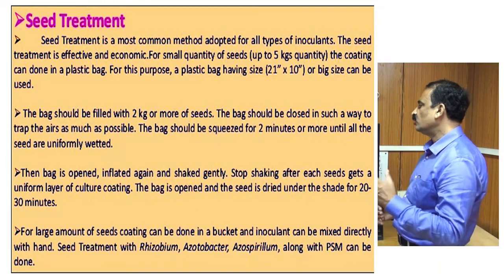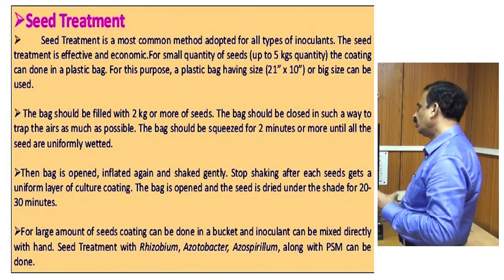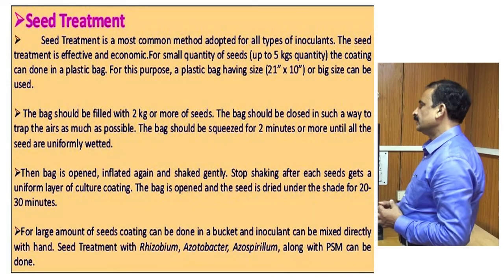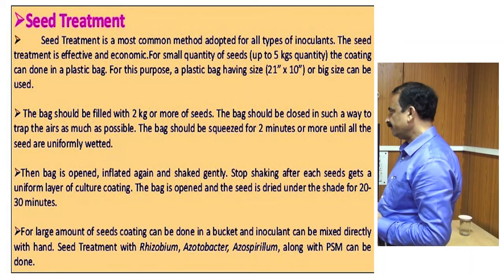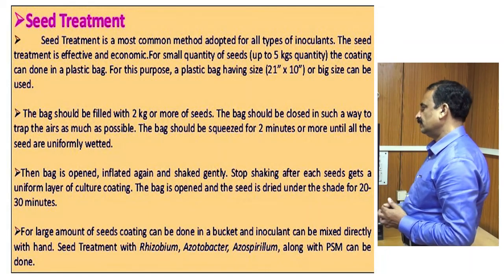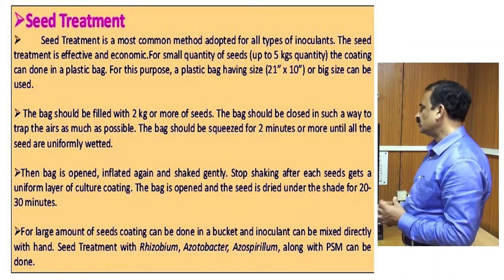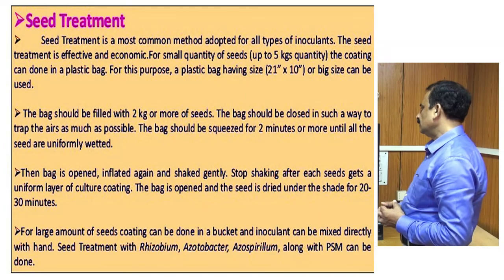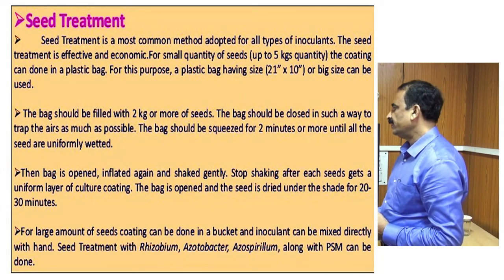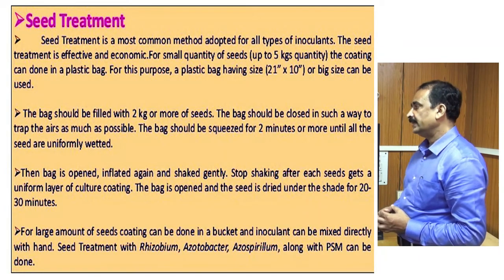The seed treatment is the most common method adopted for all types of inoculants. The seed treatment is effective and economic. For a small quantity of seed, up to 5 kg, the coating can be done in a plastic bag.